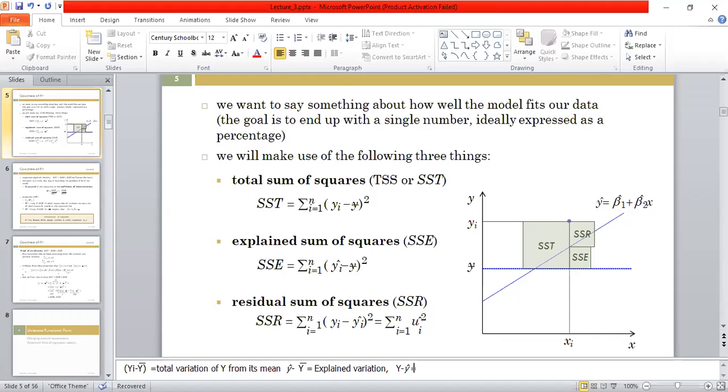Now the question is, how much of the variation of y can be explained by x? That means, explained by this regression line. If x is xi, the regression line will tell you y hat is only this much. It's the same relationship: x increases, y increases; x decreases, y decreases.